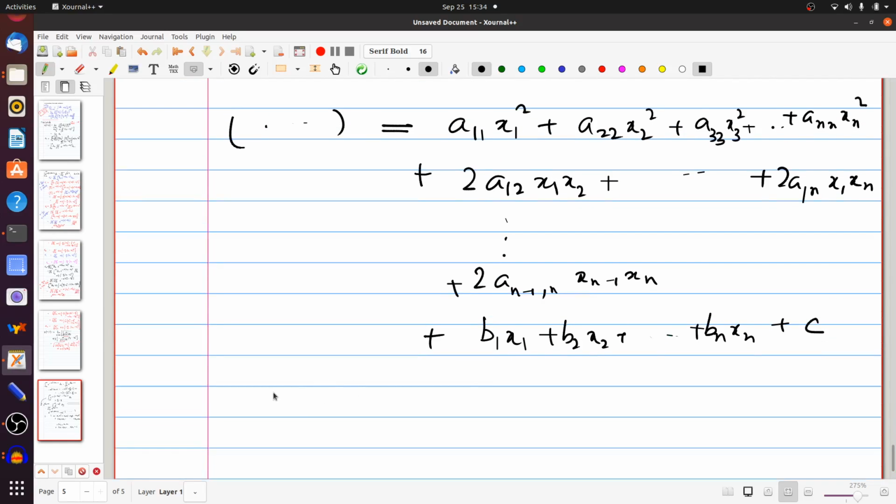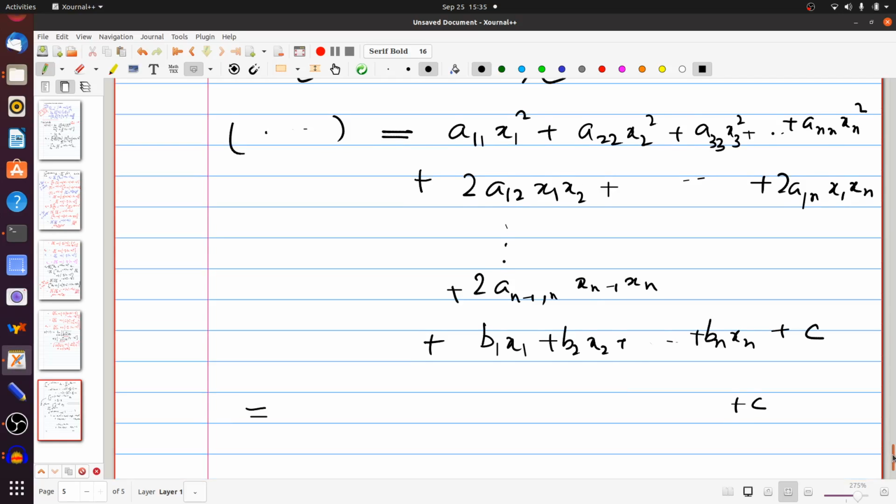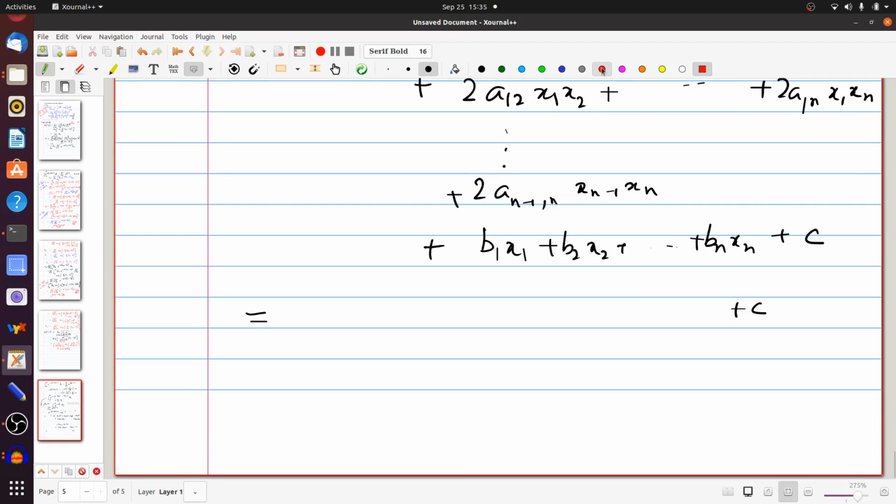Now there's a compact way of writing all this. Well, c of course is simple enough, you can't really make it any more compact, but b1 x1 plus b2 x2 plus bn xn looks very much like the dot product of two vectors. Or if you use a standard column vector, row vector notation, that is, if you were to define a column vector like this, let's call this x with a tilde below, just to denote that this is not a single x, it's really x1, x2 all the way down to xn, a column vector.